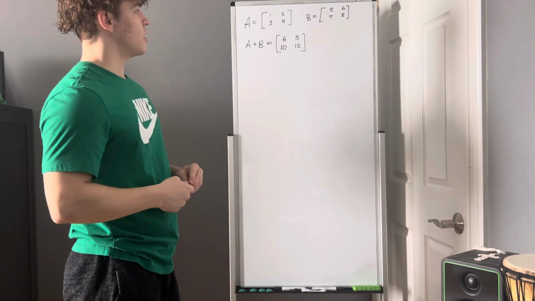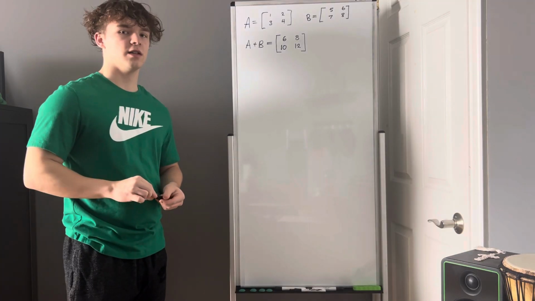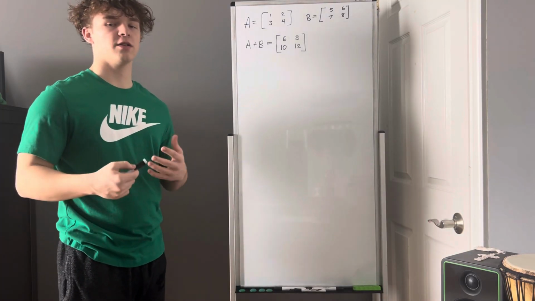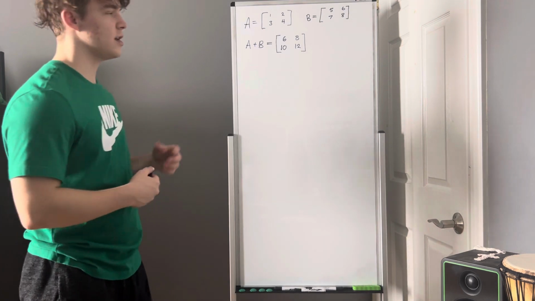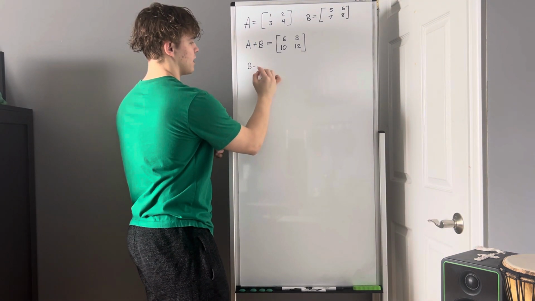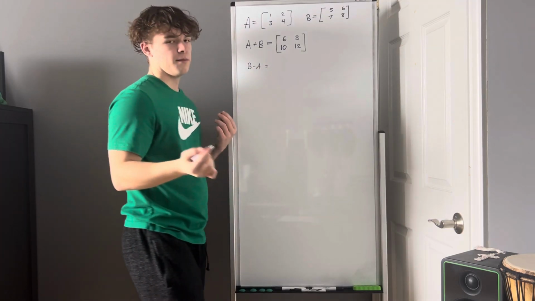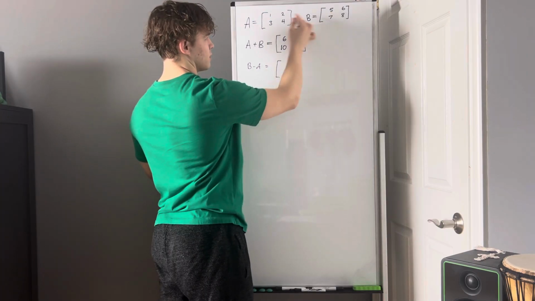Now, what if we wanted to know how many more flowers and bushes does the west side of the city sell compared to the east side of the city? Well, that would be matrix B minus A, which we're just going to take our values and subtract them from each other.